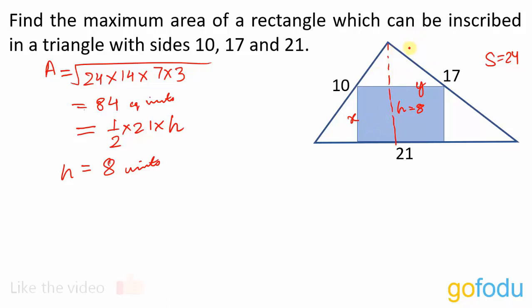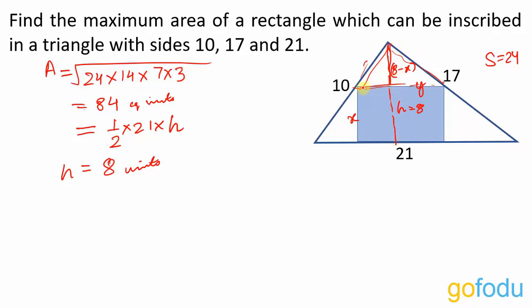Now in this small triangle, height of this small triangle, okay, I am talking about this triangle. Height of this small triangle is h minus this x. So height will be 8 minus x. Also, this small triangle will be similar to this bigger triangle because the bases of both these triangles are parallel to each other. So I can say the ratio of corresponding sides will be equal, and that will be equal to ratio of altitudes as well.